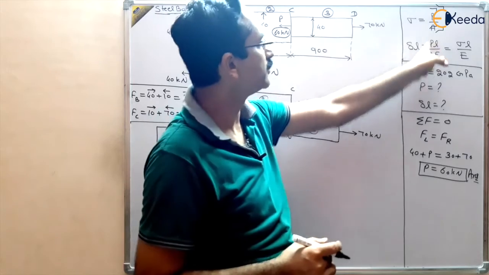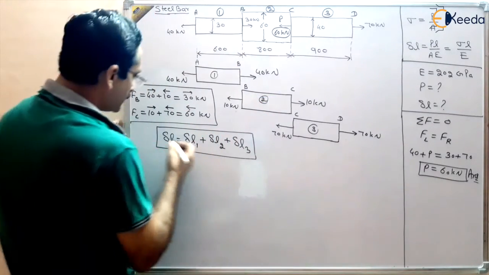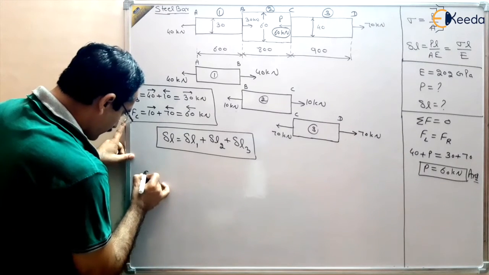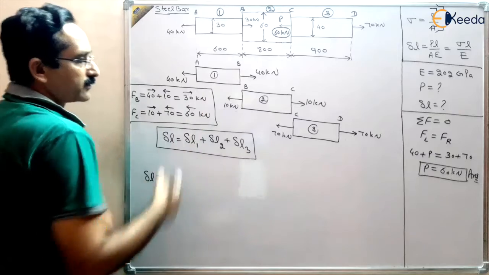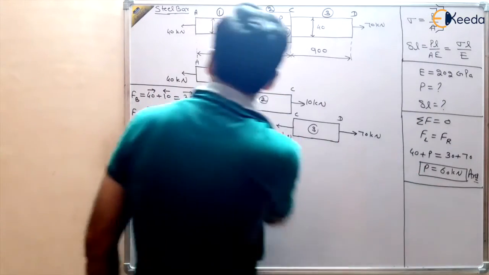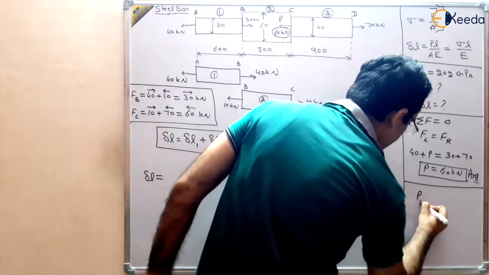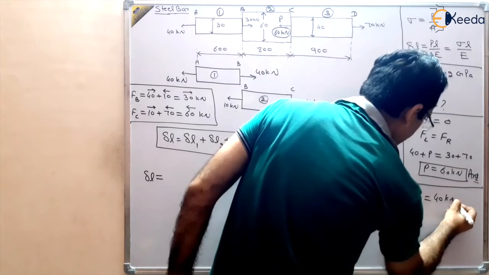PL upon AE, use this formula directly and find out the total elongation in the bar, right? So delta L total will be equal to P, force. Now force in 1 is given by 40 kilonewton tensile.